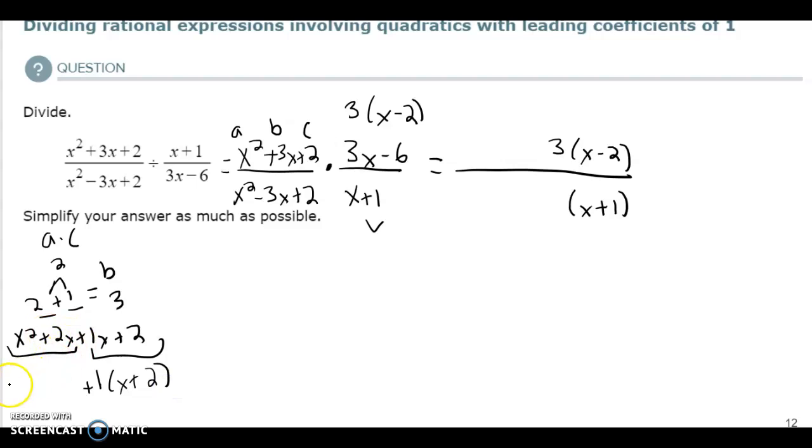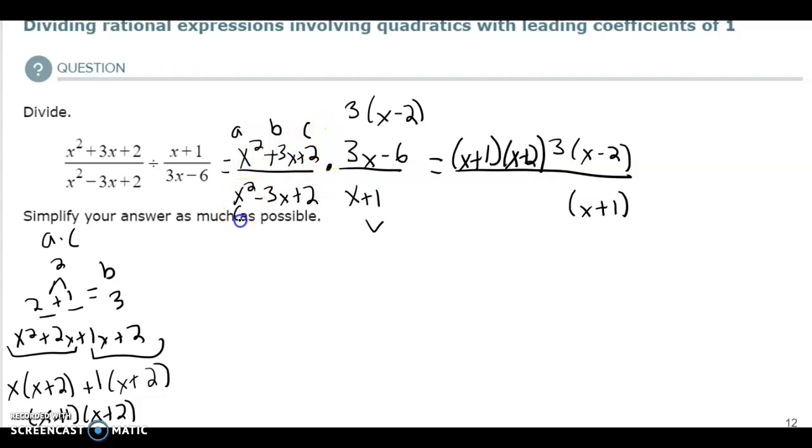So the largest thing this group has in common is an x. So this top part simplifies to x plus 1, x plus 2. I got that from this.